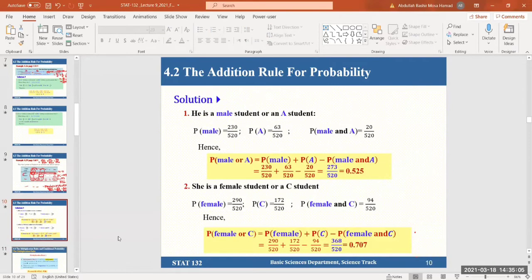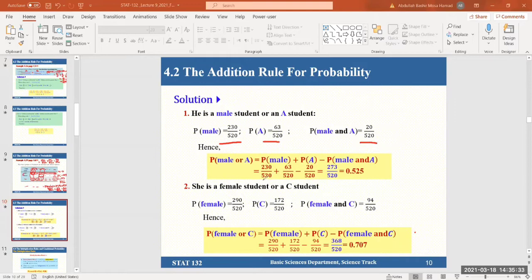Okay, let's see. Next, we already solved this, right? Probability of male. First, we have to find the probability of male. This is P of male. Then we find P of female. P of male, P of students with A. The intersection is 20.